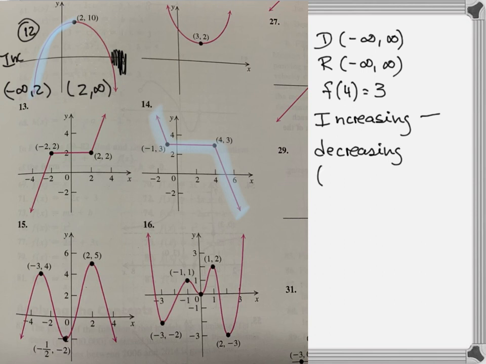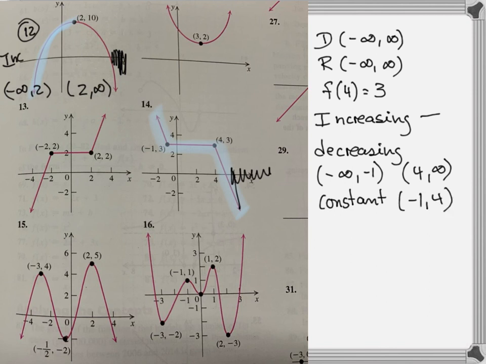So where's it decreasing from? Negative infinity to negative 1, and from 4 to infinity. X values. X values are positive over here. Don't look at the y values. Where is this graph constant? From negative 1 to 4. Beautiful.